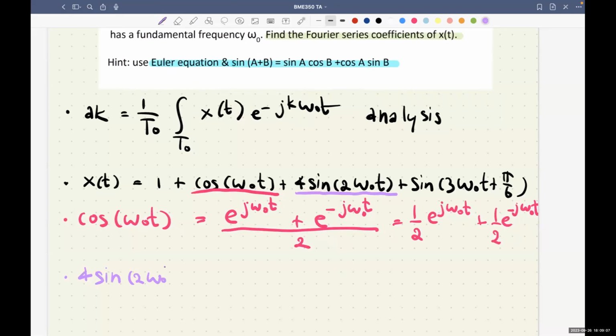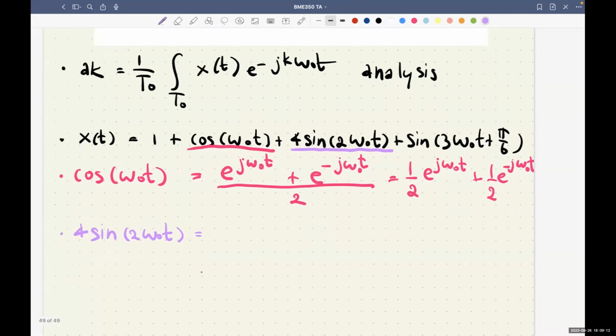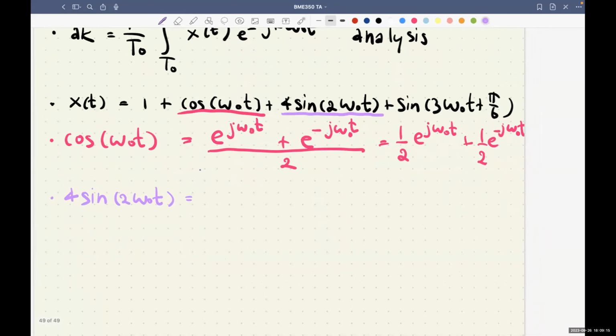If we use the Euler formula with this one, it's going to be 4 times e to the power of j 2 omega naught t minus e to the power of negative j 2 omega naught t, over 2j.